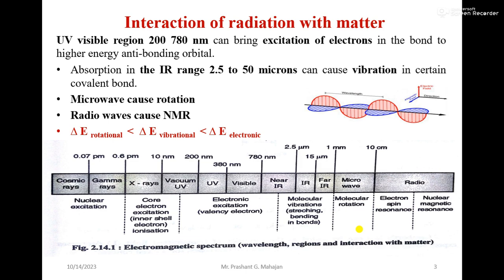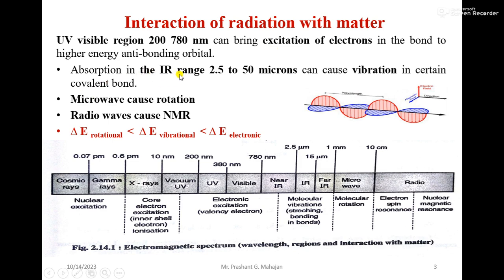In this chapter we are going to deal with only UV-visible spectroscopy and IR spectroscopy. The UV-visible region range is 200 to 780 nanometers. In that region, excitation of electrons takes place, from the bonding orbital to the anti-bonding orbital.